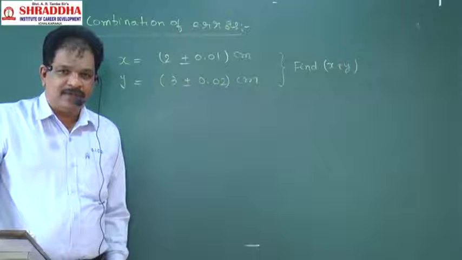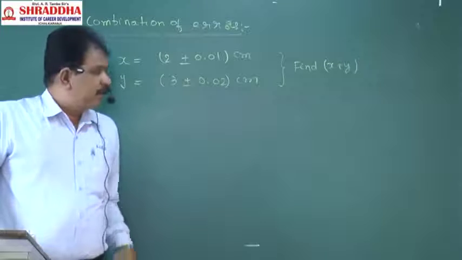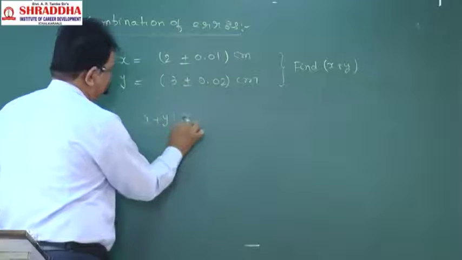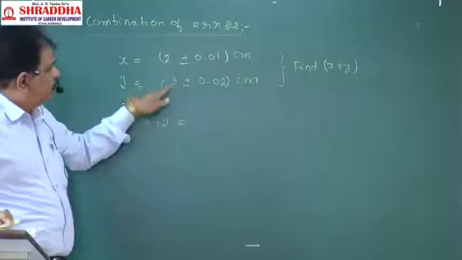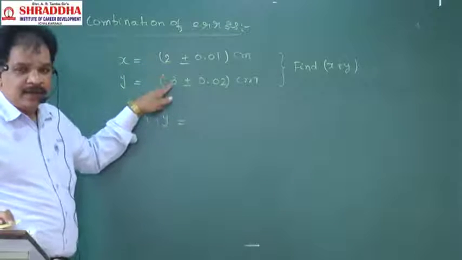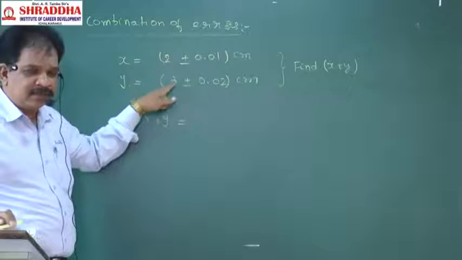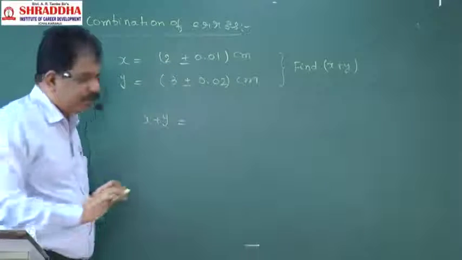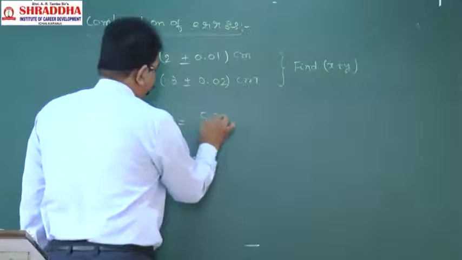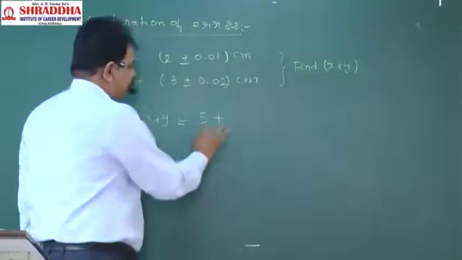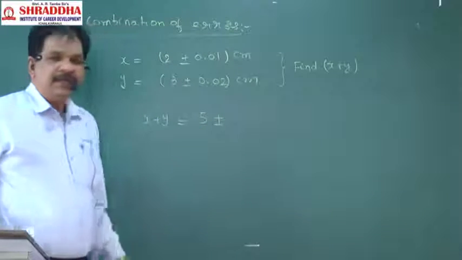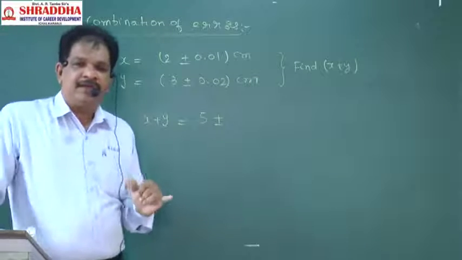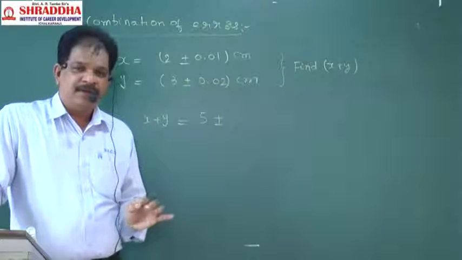Here what to do for x plus y is add these values as usual, like how numbers are added. 2 plus 3 will be equal to 5, plus or minus. Errors will also be added, in either addition or subtraction, remember.